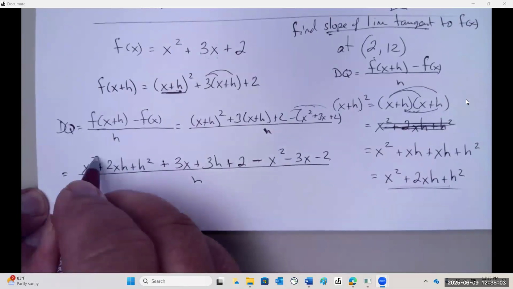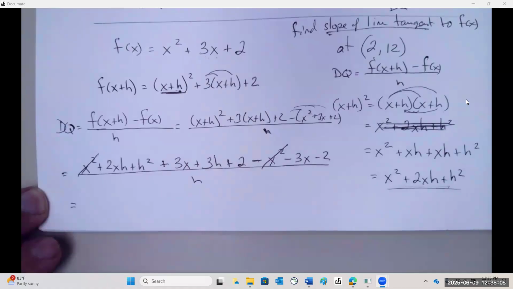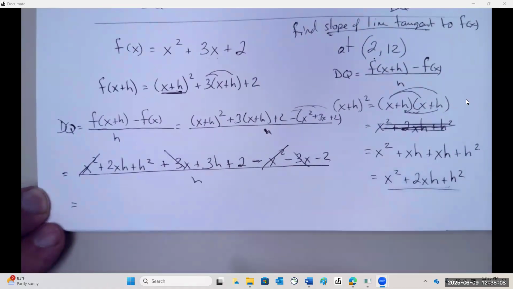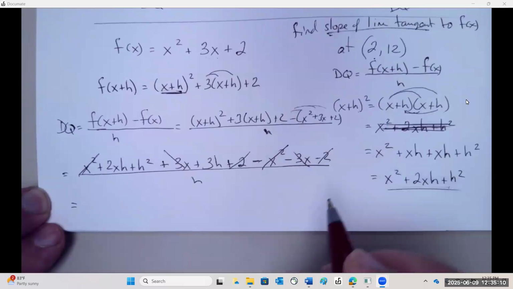Simplify. The x squared and negative x squared cancel. 3x and negative 3x cancel. 2 and negative 2 cancel.